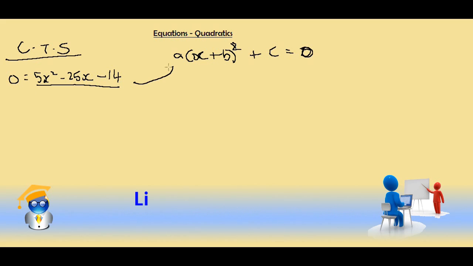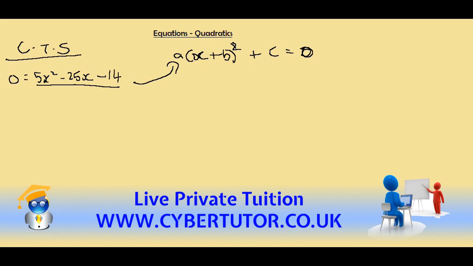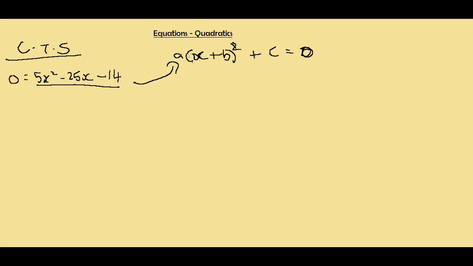Now, so we need to get this bit in this format. So how do we do that? Well, to start off with, we'll expand this whole thing out, and we get to a stage where we can then compare some numbers. So I'll just multiply this out first, (x plus b) squared, which is x plus b times x plus b.